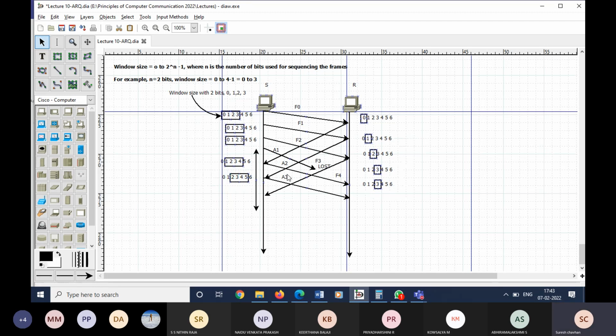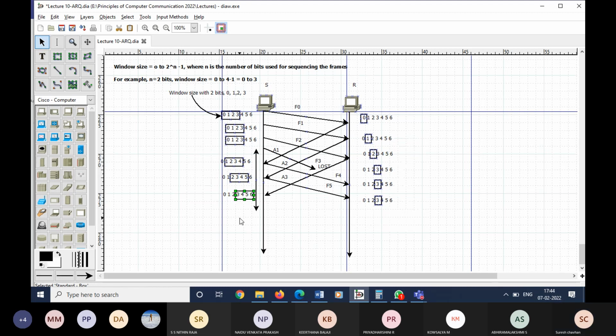So that's the reason he can send F5, but still he cannot succeed because the receiver is waiting for F3, correct? And the sender has received the acknowledgement A3, right? So it will be moving.